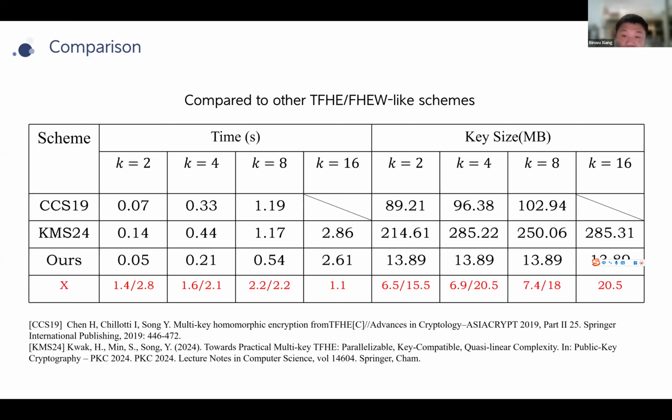For example, when the key number is 8, our scheme is about 2 times faster than both KMS and CCS. Moreover, the key size in our scheme is 7 times smaller than CCS and 18 times smaller than KMS. Also, it should be emphasized that all the results are from single-core runs, and the KMS scheme is actually better than ours for multi-core parallel settings because it is better suited for parallel situations.